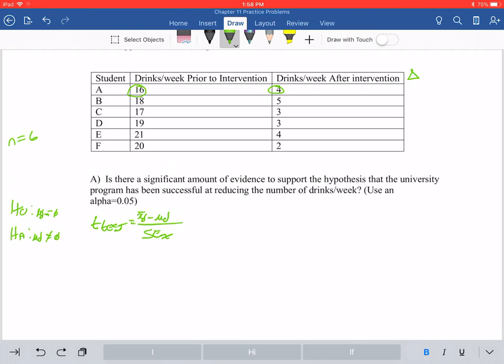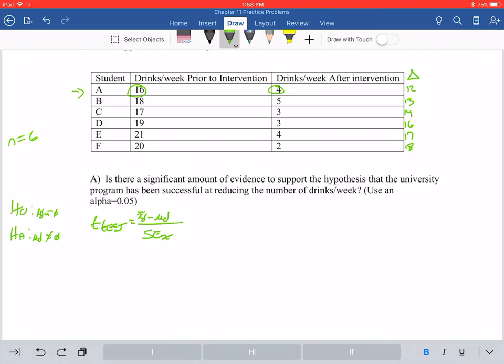So in order to determine the standard error of x, we need our standard deviation, and we need an x bar of our delta. So the way we find this, once again, is you find the difference between prior and after per student. So student A, 16 minus 4 gives you 12. 18 minus 5 gives you 13. 17 minus 3 gives you 14. And so on and so forth.